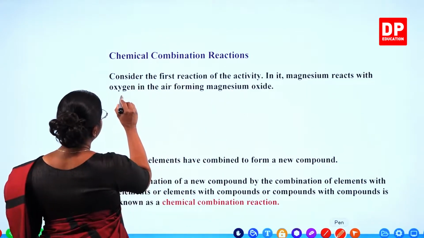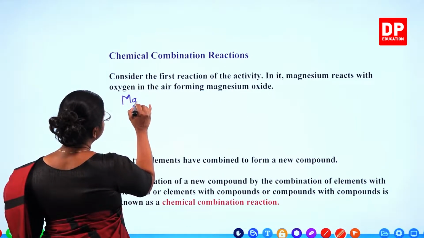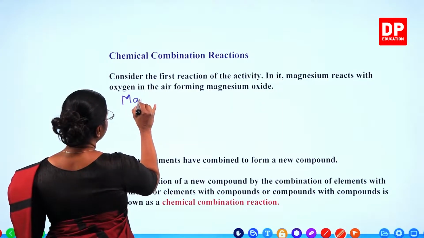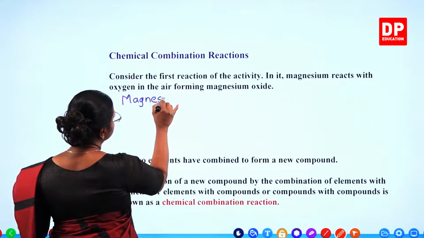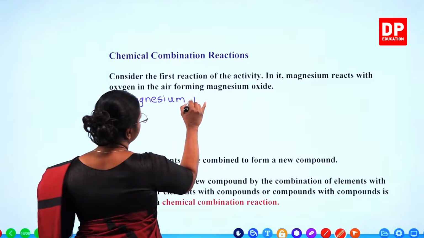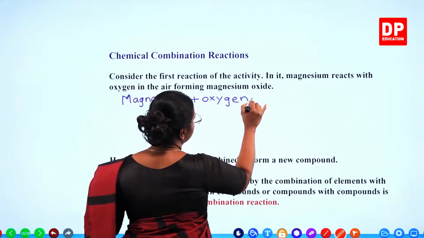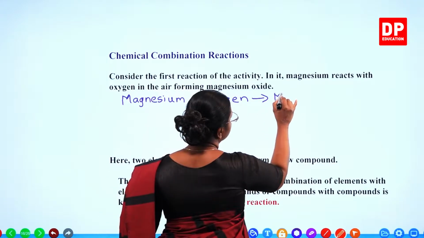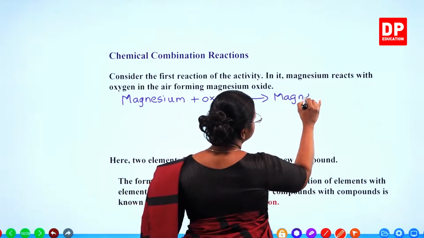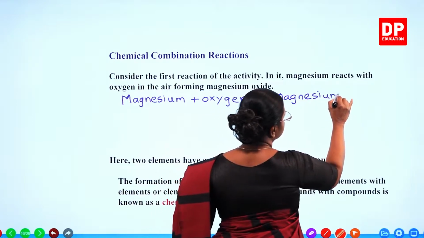If we write the reaction: magnesium plus oxygen giving rise to magnesium oxide.